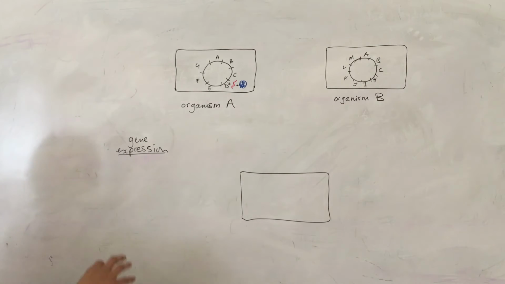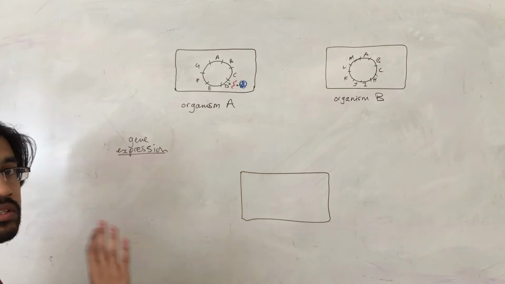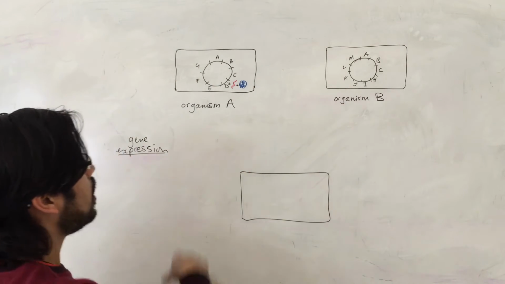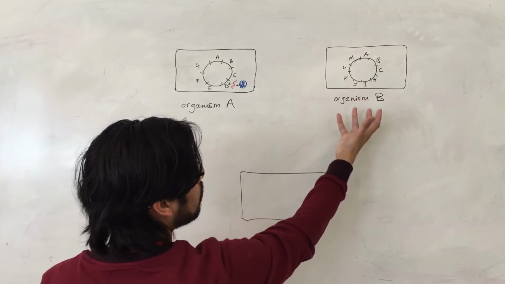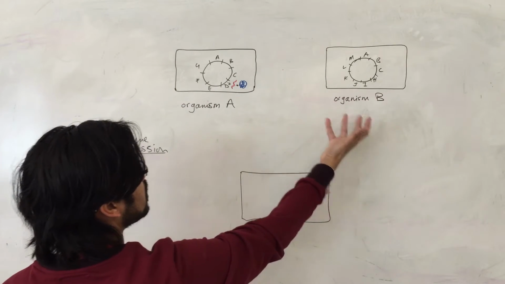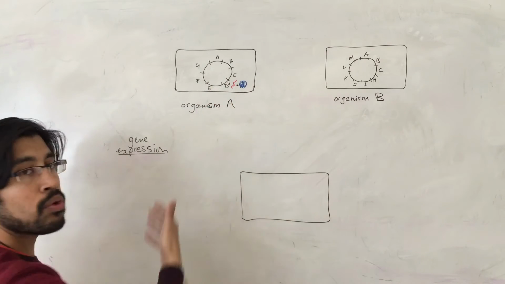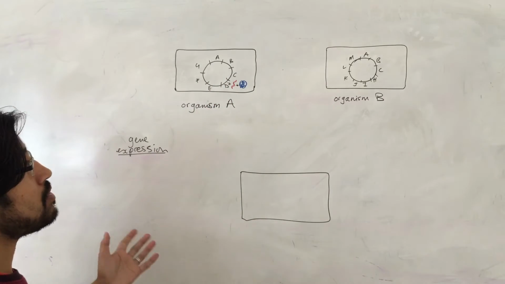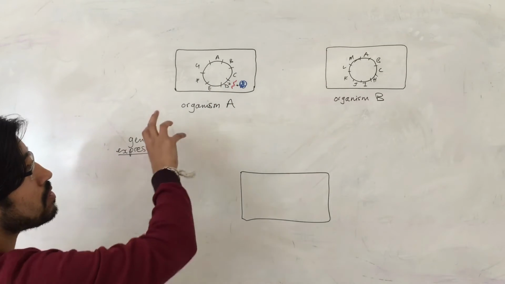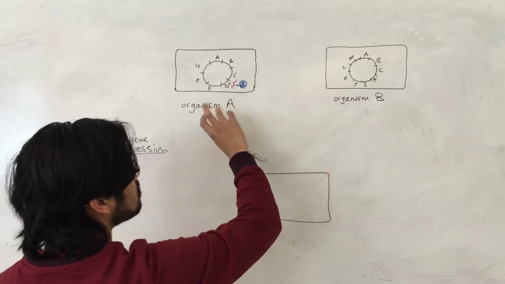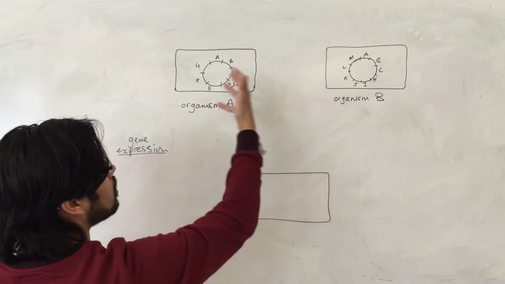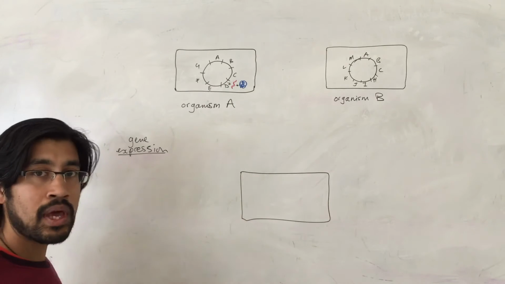Genetic engineering is a manipulation of this system so that you can allow organism B to express a gene from organism A, a gene that you know of. You want organism B to be able to produce a functional product from a gene that is in organism A.